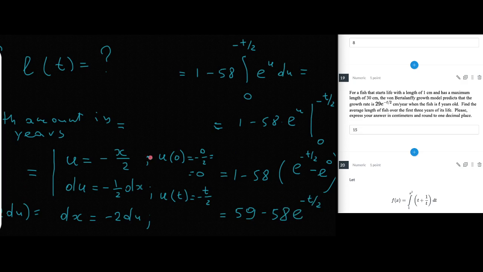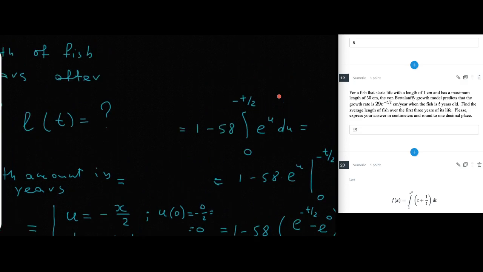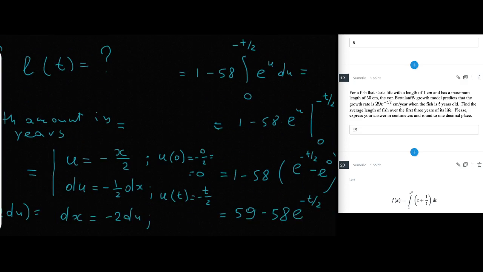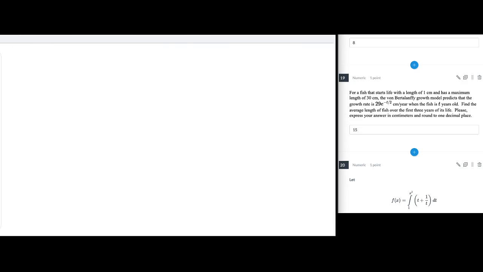It comes from 1 on the left hand side here, and it also comes from the 58 in addition to 1, which will come from negative 58 being multiplied by negative 1 here. Okay, so now we have a formula for the length of fish at the moment of time t. Then I don't have much space left here in this slide, so let me go to the next one.